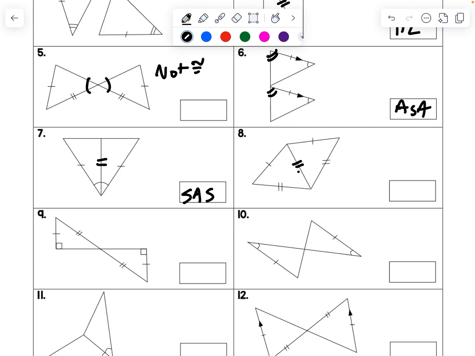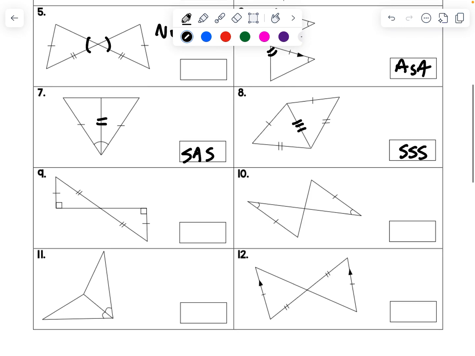Reflexive on number 8 as well for side. Number 9, got some vertical angles there. So you could go angle side. You could also just go hypotenuse leg. They would both work. They're related and similar.